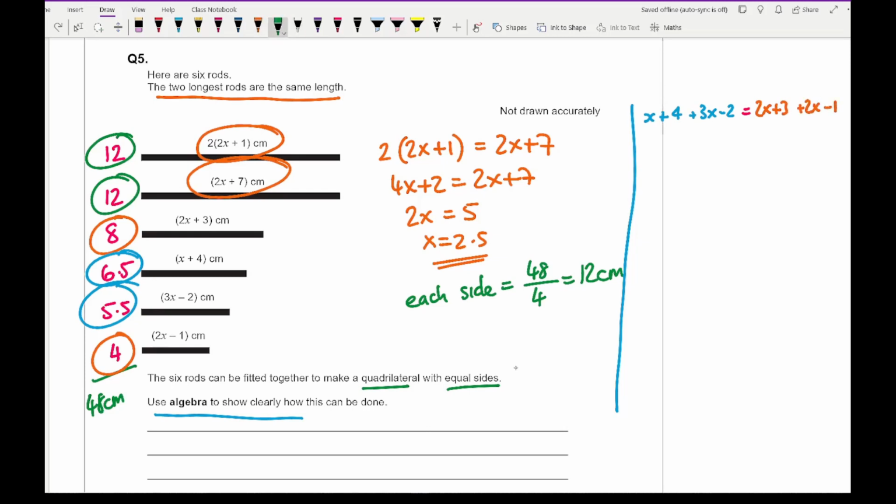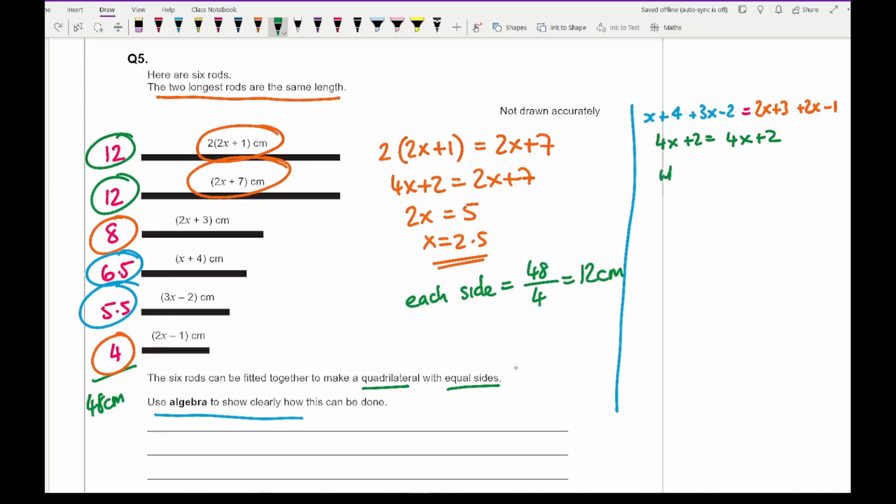So from this, if we simplify, we end up with 4x plus 2 equals 4x plus 2. And so there we can see that they're both equal to each other. And if we then just work out any of those, they're all going to equal 4x plus 2.